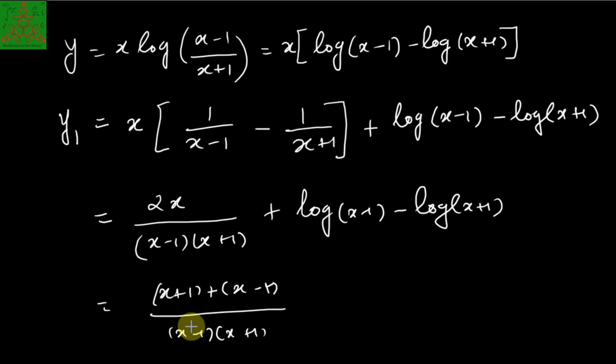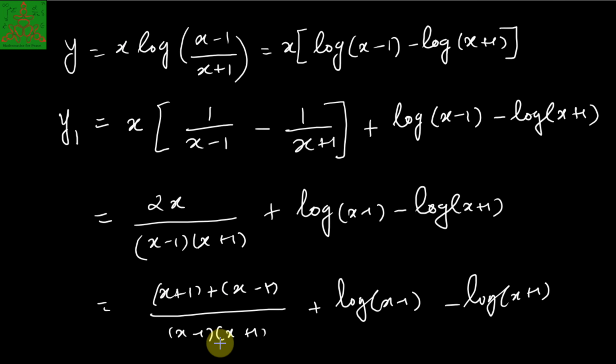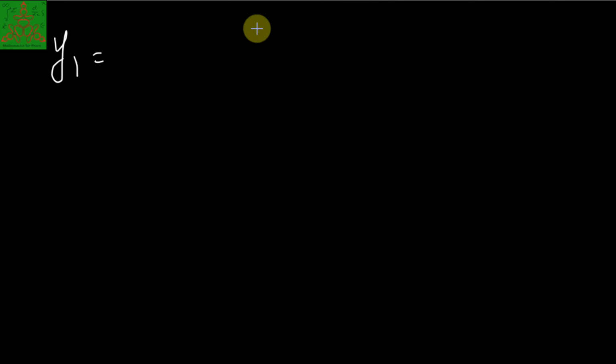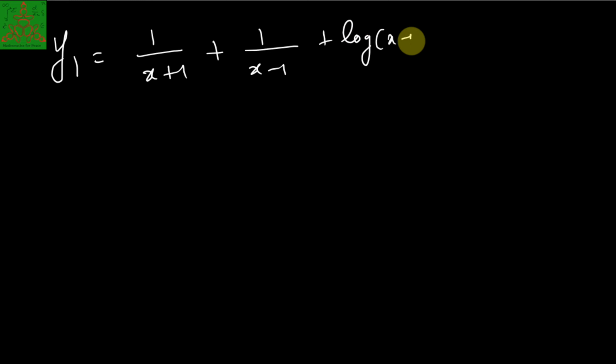If I put a plus sign here, the 1 gets cancelled, so we are left with 2 plus log x minus 1 minus log x plus 1, and then y1 is 1 upon x plus 1 plus 1 upon x minus 1 plus log x minus 1 minus log x plus 1.